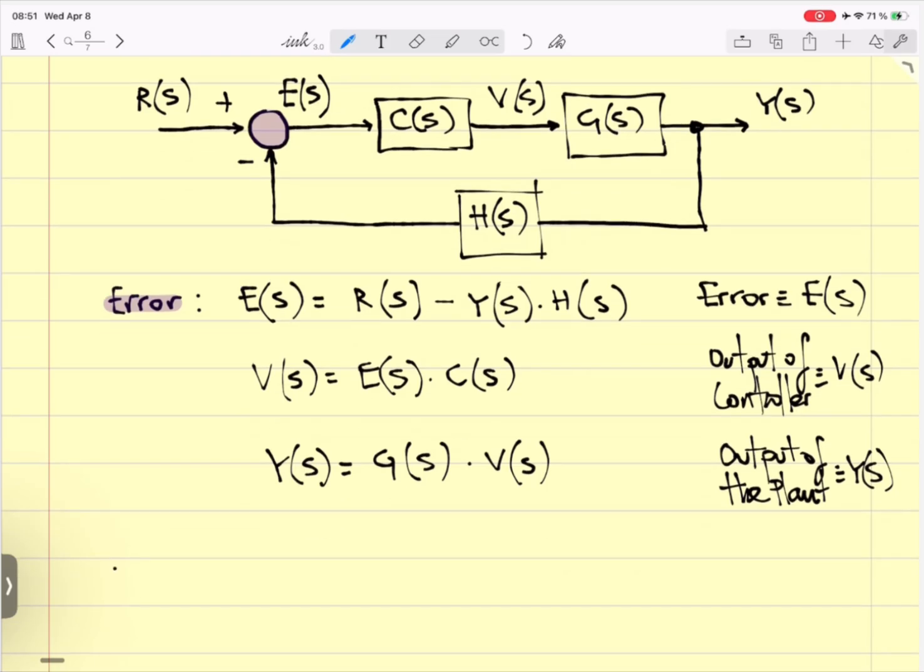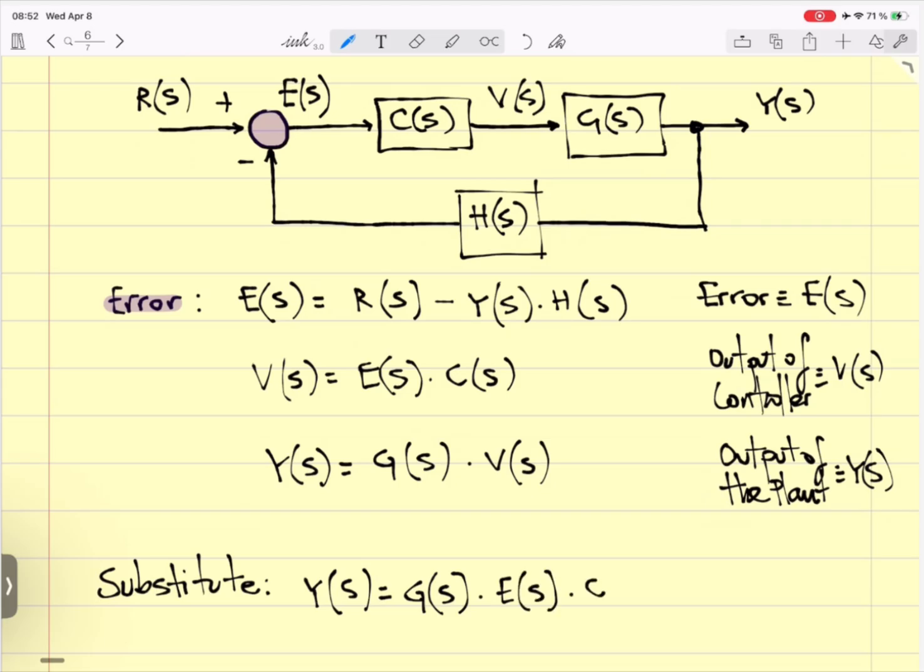If we substitute, we get that I of S equals G of S multiplying E of S times C of S. I've just substituted V here, okay?